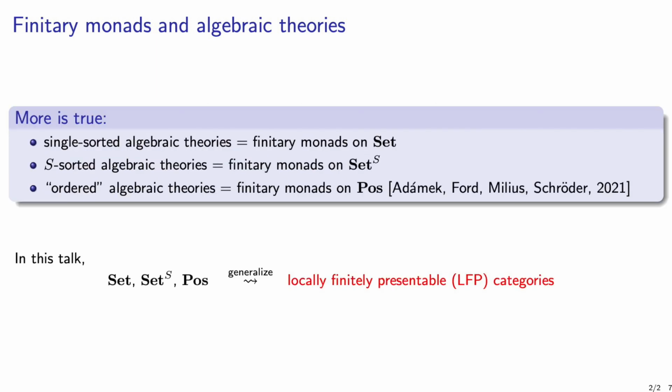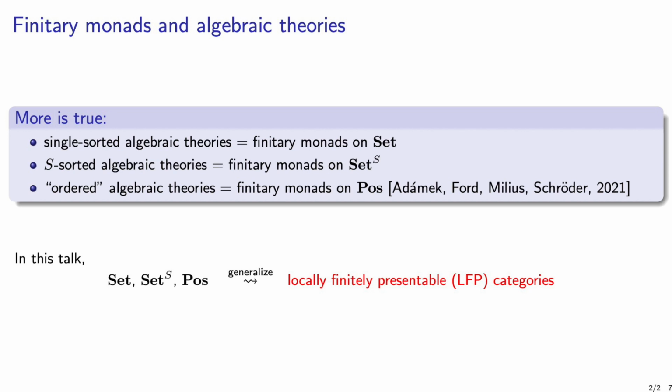Several generalizations of this slogan are known. When a set of sorts S is given, then S-sorted algebraic theory corresponds to finite monads on the S-th power of Set. Furthermore, we can define ordered algebraic theories. Those correspond to finite monads on the category of posets.